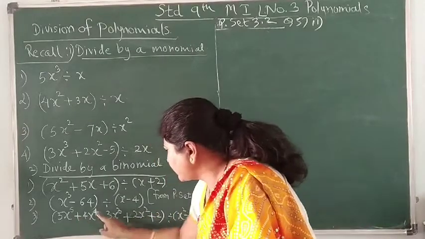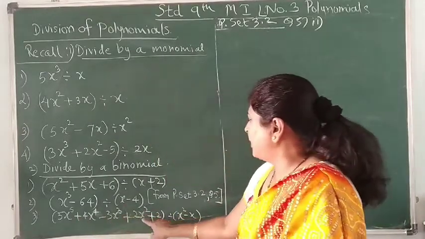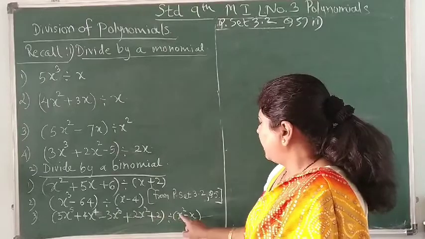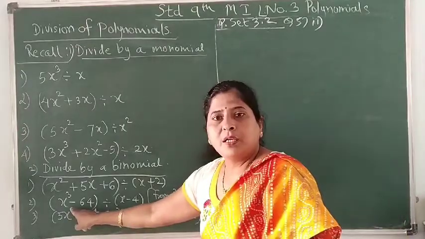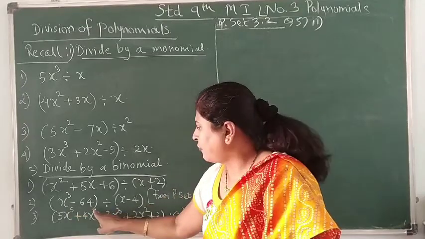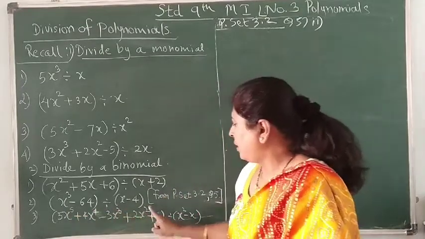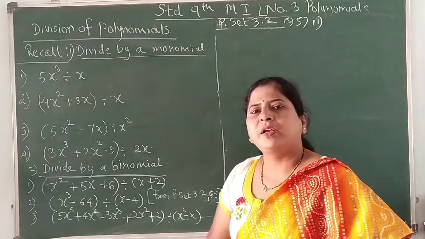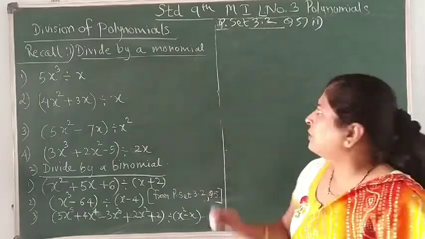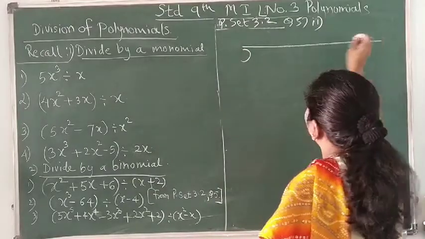5x to the 5 plus 4x to the 4 minus 3x cube plus 2x square plus 2, and it is divided by x square minus x. So the highest power of the variable is 5. After that 4, yes, 3, 2, and there is no x term. So the x term is missing, which we have to take as 0x, and then we will write here immediately over here.